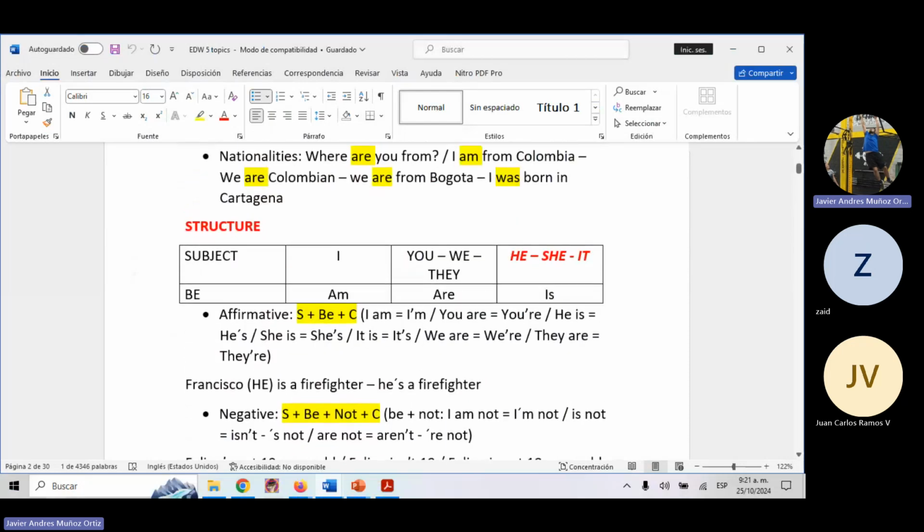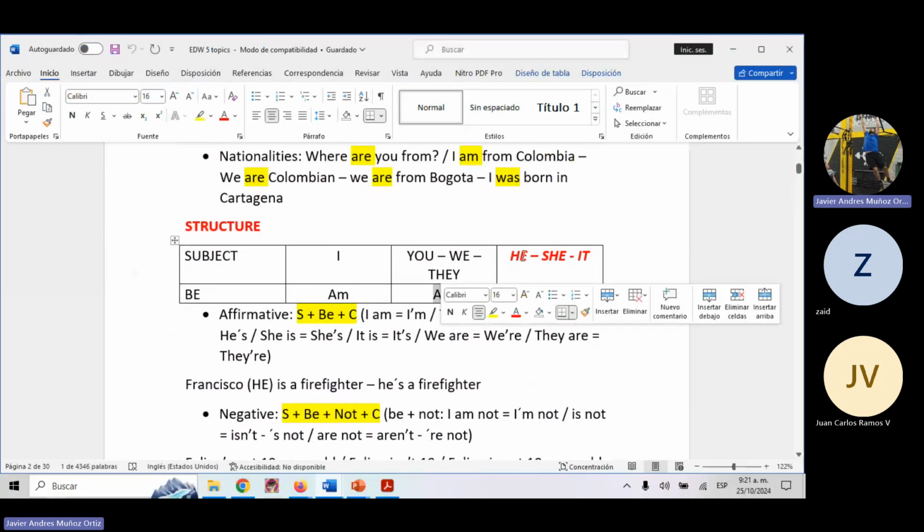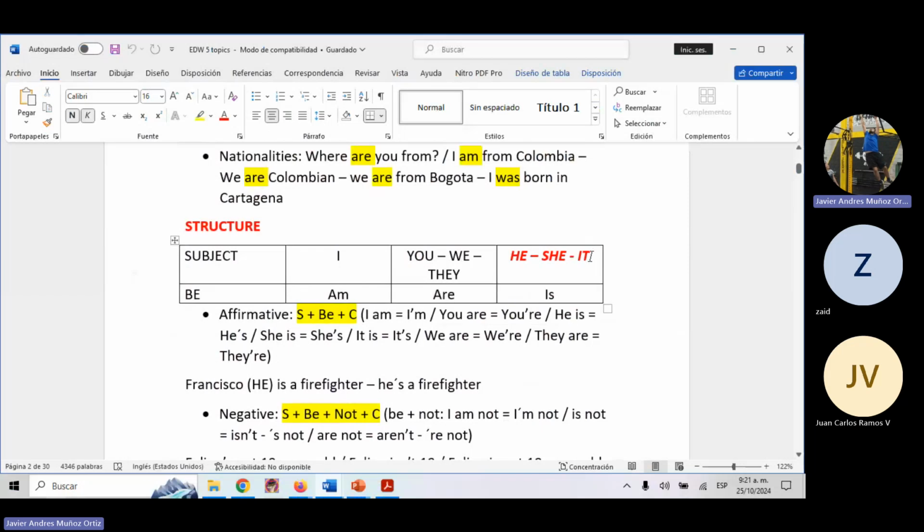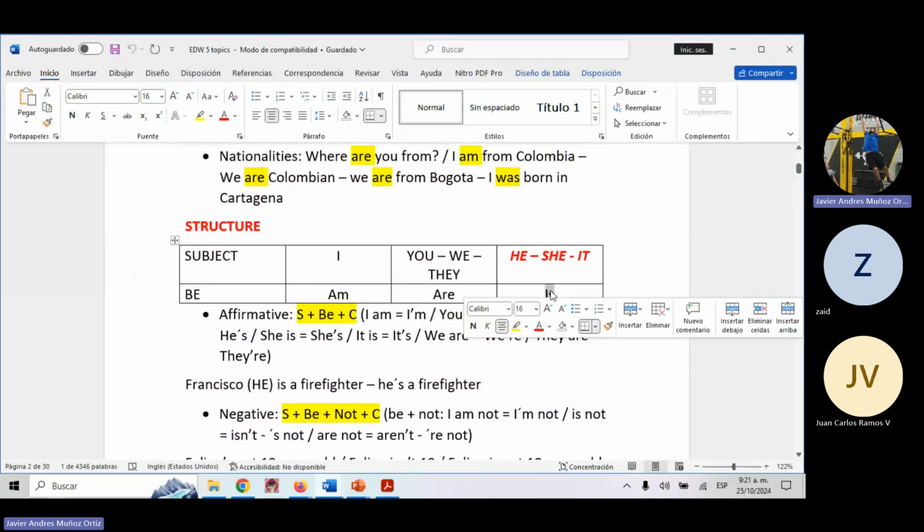What changes? What's the important thing to take into account? The conjugation of verb to be. As we know, the conjugation for I is am, for all plurals is are, and for a man, a woman, or an animal, it goes beyond that. It goes beyond, but let's suppose it's just that. We're going to use is, right?